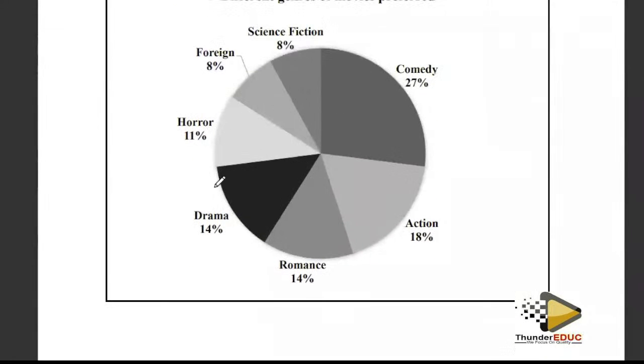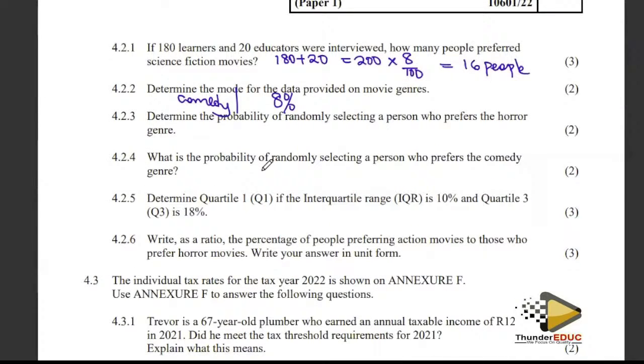What percentage is it? It's 11%. So the probability there will become 11 over 100, which is 0.11. That's probability. What is the probability of randomly selecting a person who prefers comedy? We say it's 27%. And the answer became 0.27.